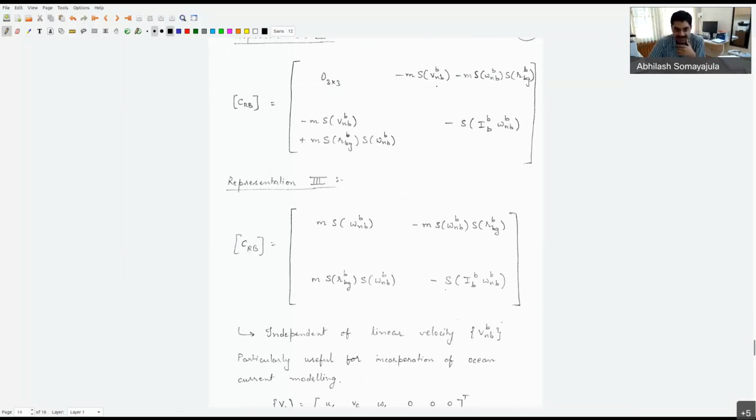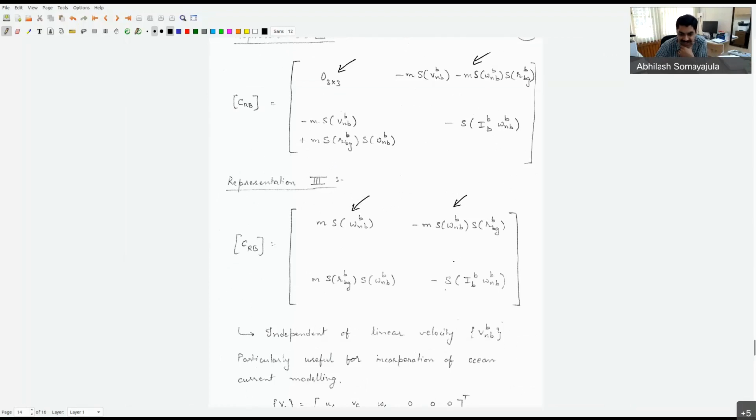Okay, so let's see representation number 2. We have zeros here, right? And then I have something here, 2 terms here, instead of having 1 term here in the representation 3. Here I have only, this is a non-zero value, but here this is 0. This has 2 terms here, whereas this has a single term here.